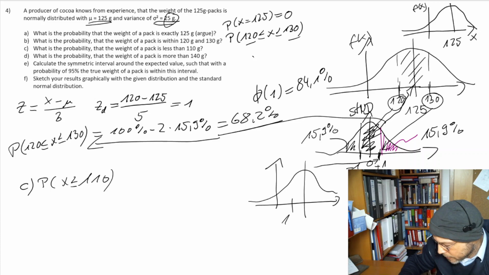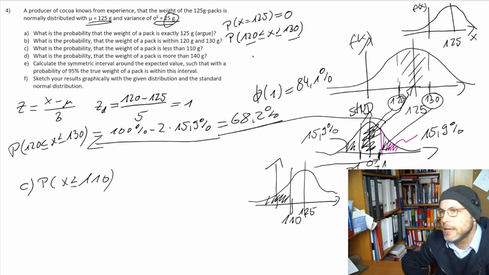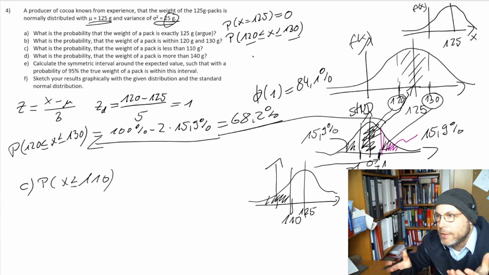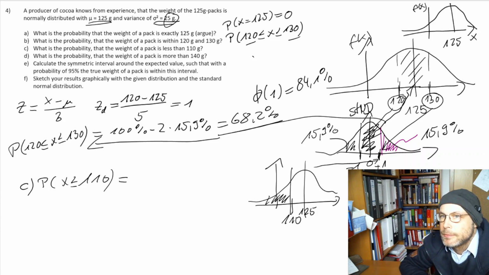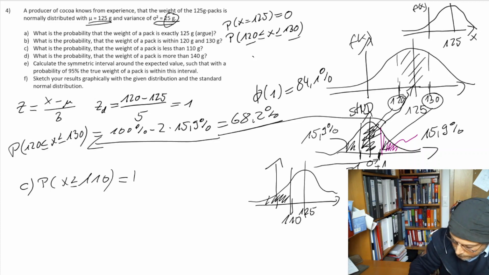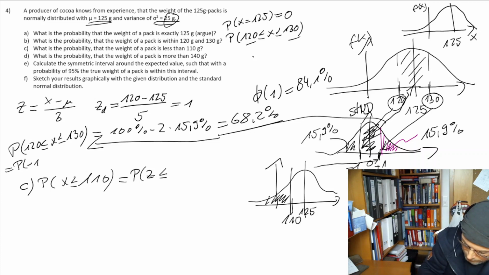So here 110, 125, I'm interested in this area. If we transform this probability into the standard distribution, this equals z smaller than what? Maybe here we should also write P of minus 1 smaller z smaller 1.